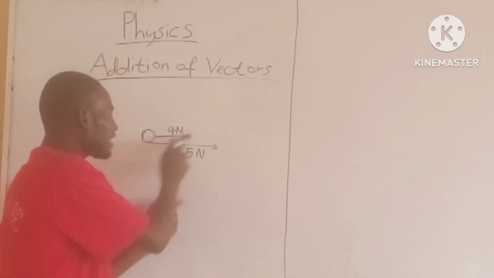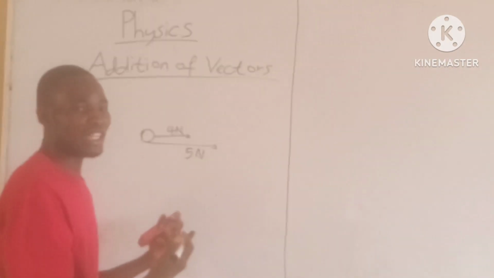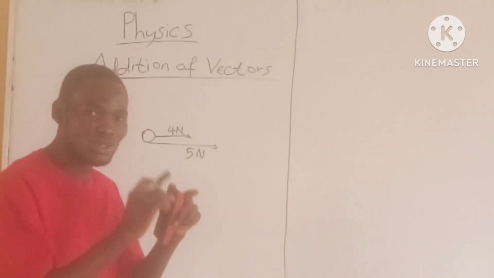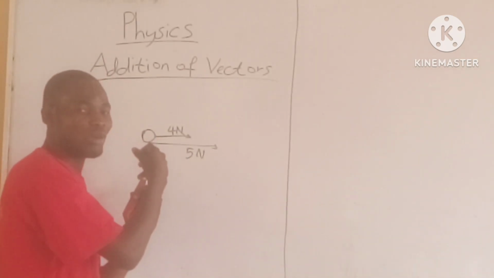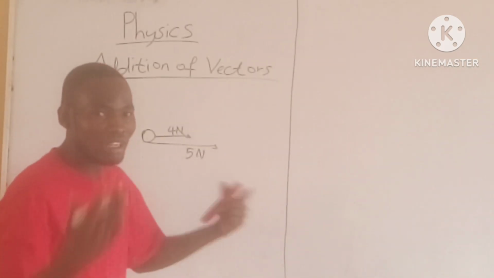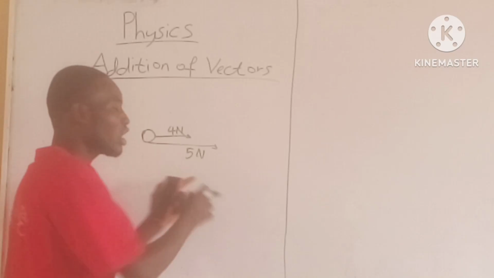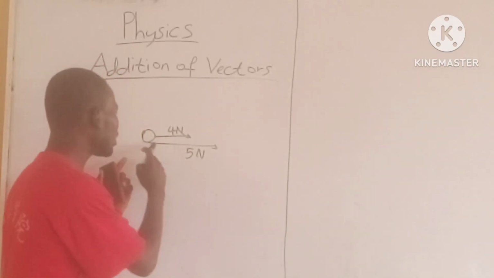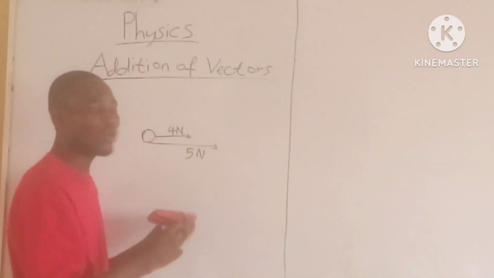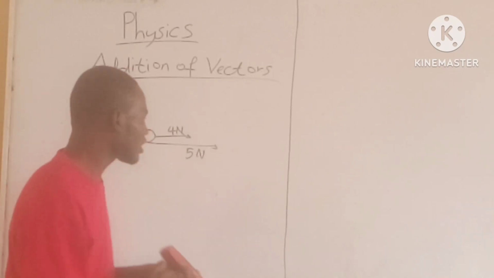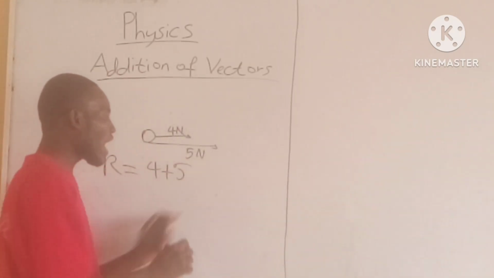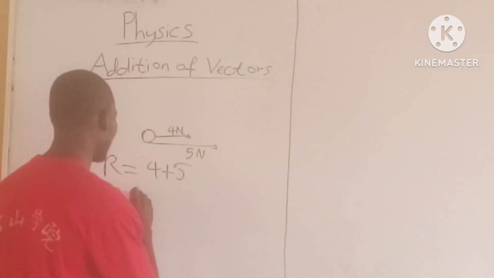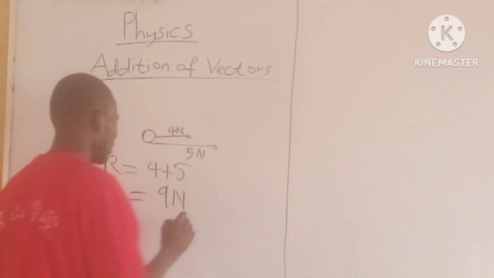Because they are acting in the same direction, vectors have both magnitude and direction. In the case of the distance, we did not check the direction, but in this case, we are. Since these forces are in the same direction, you use simple arithmetic. The resultant force is 4 plus 5, which will give you 9 Newton.